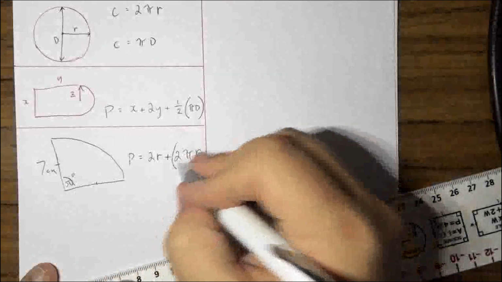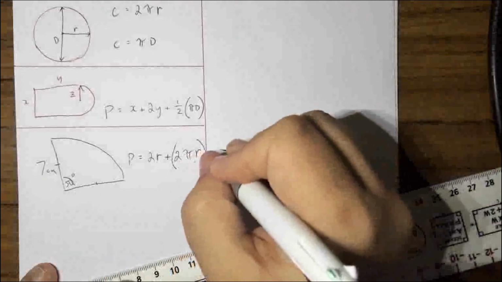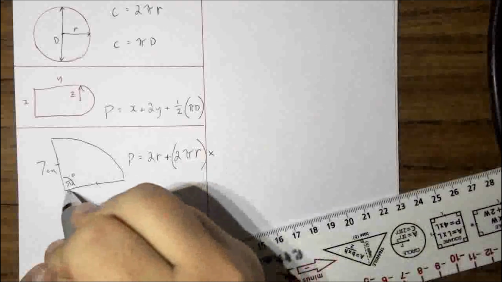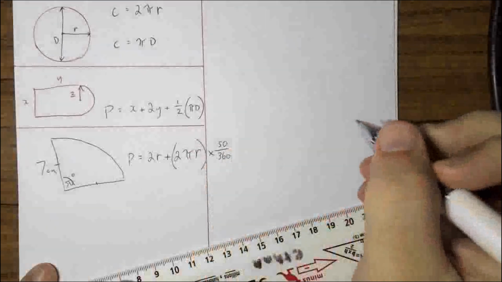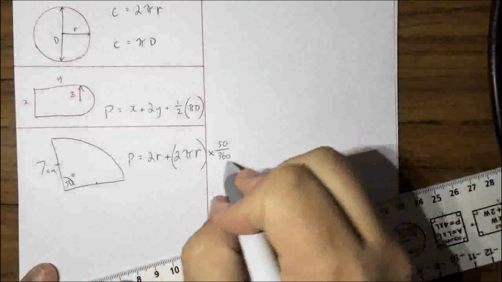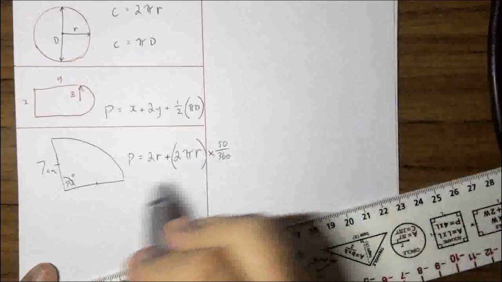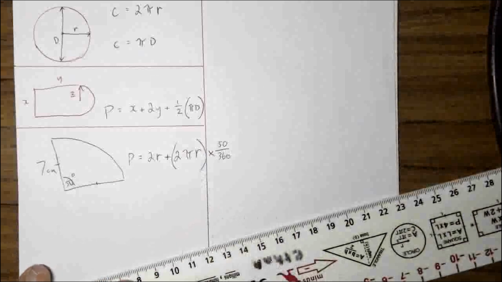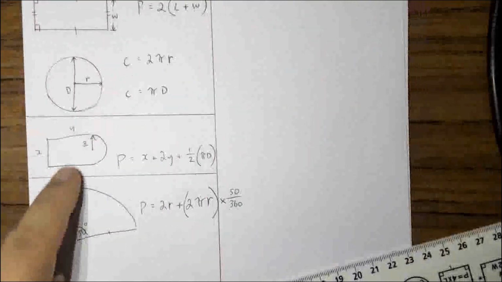So I need to multiply a whole circle by as much as I actually have, which would be 50 over 360, because 360 is a whole circle, but we've only got 50 degrees of it. So if you were to work that out, you would be able to work out that perimeter. So just be a little bit careful that sometimes you're asked to apply old knowledge in a new way. Okay?